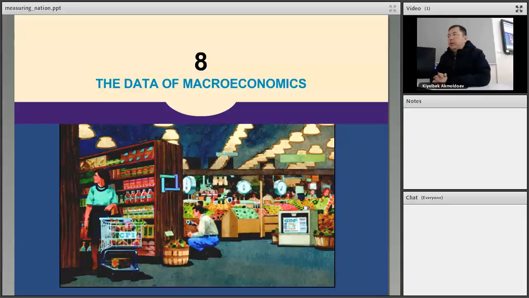We are going to study chapter 5, which is measuring nations' income, and second one, measuring the cost of living. So you are responsible for two chapters, chapter 5 and chapter 6. The questions are going to be multiple choice, and the questions are from these two chapters.